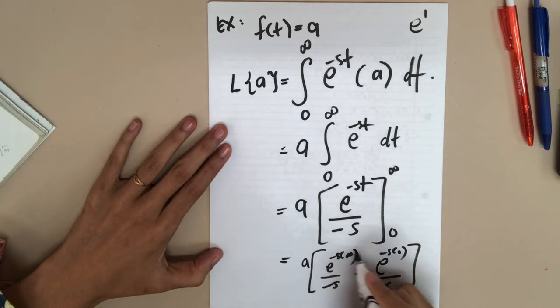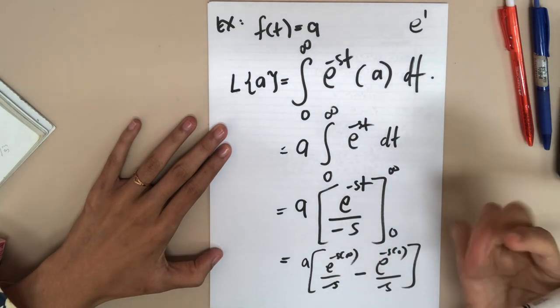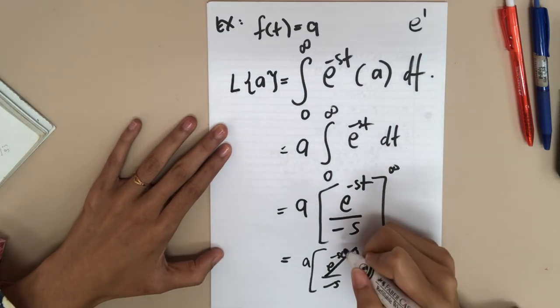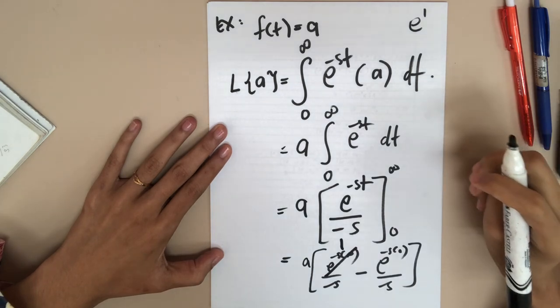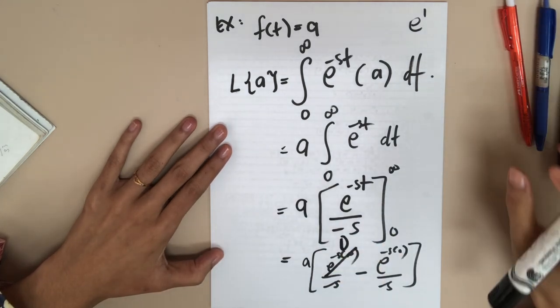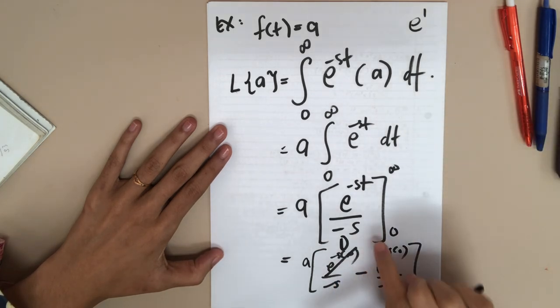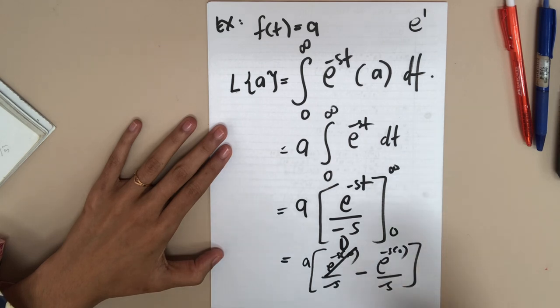So we just assume that this is all infinity. So exponential power of a big number, or power of infinity, we will get 0. I repeat, exponential to the power of infinity, a big number, will give 0.